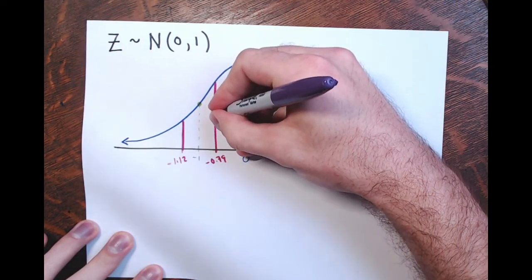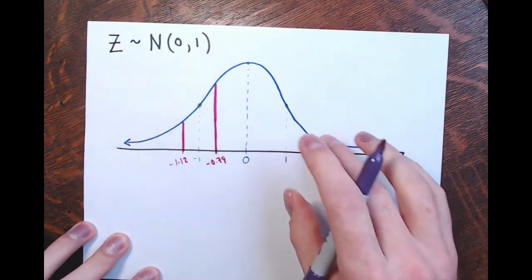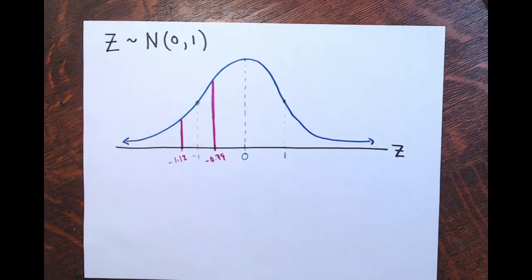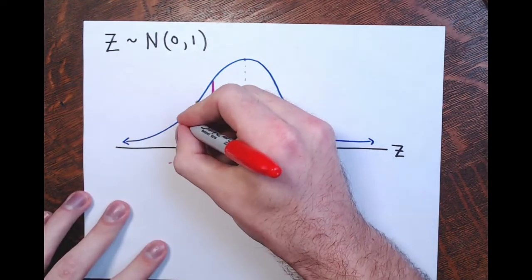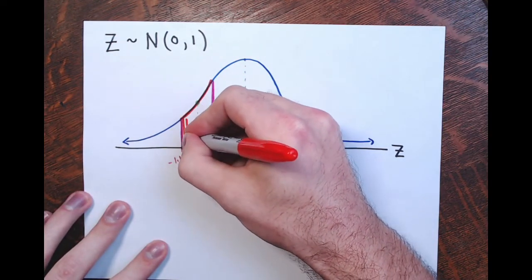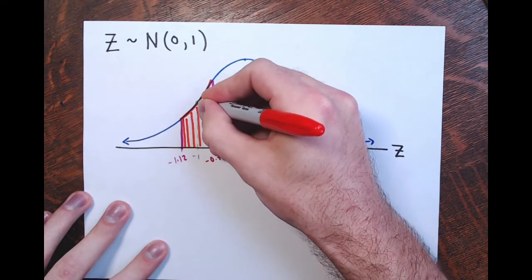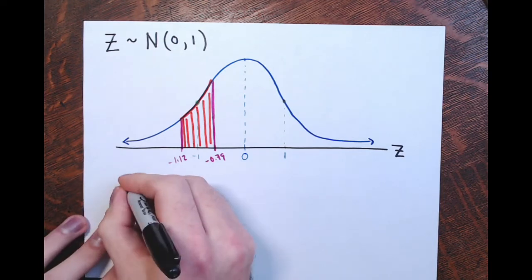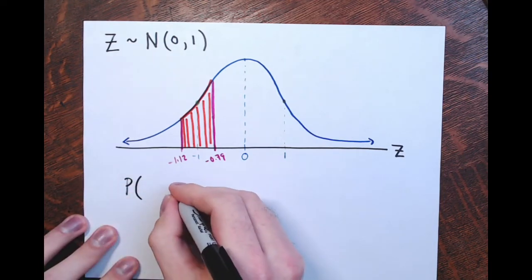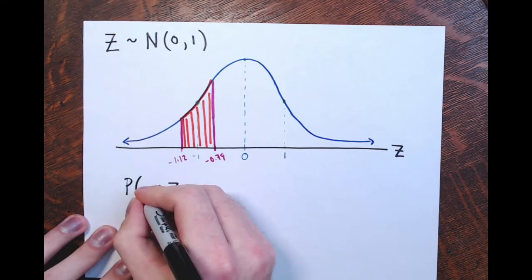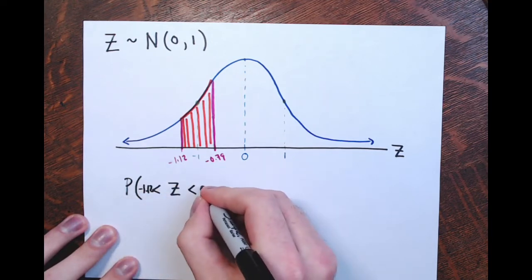We're asked to find the area between these. They said to the right of this and at the same time to the left of this, so we're finding the area under the curve between these two values. We want to know the probability that our z-score is between -1.12 and -0.79.